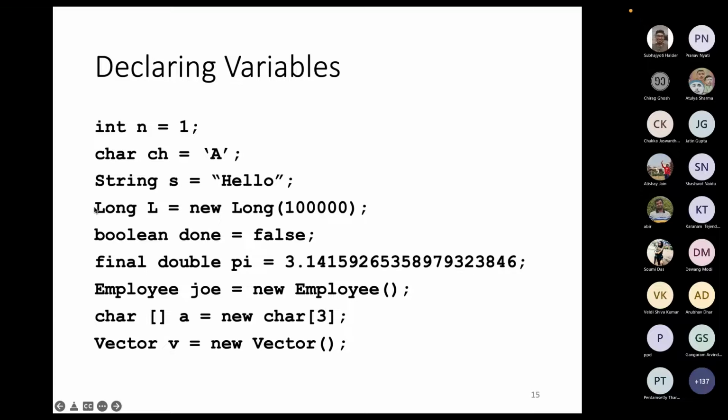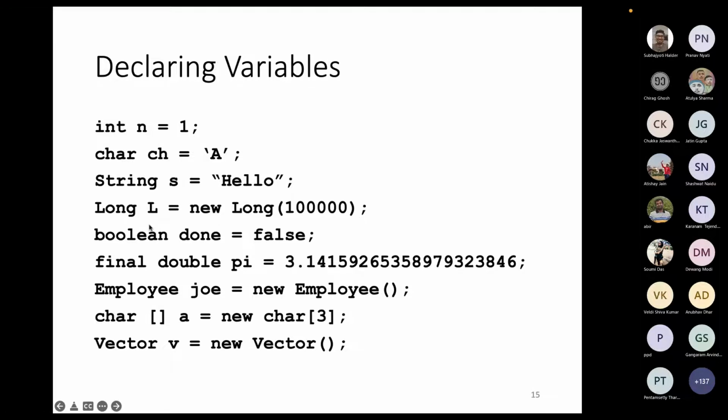Basically you can think of this as a user defined type. So this Long with a capital L is a user defined type, and here you are using the new operator to allocate memory for Long.